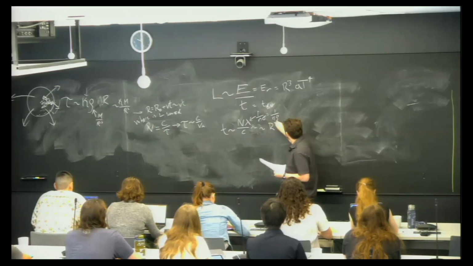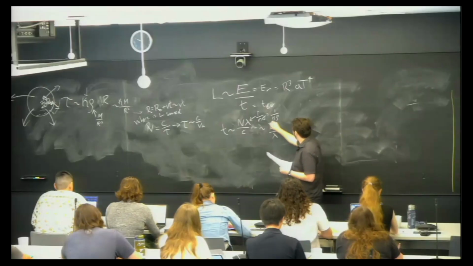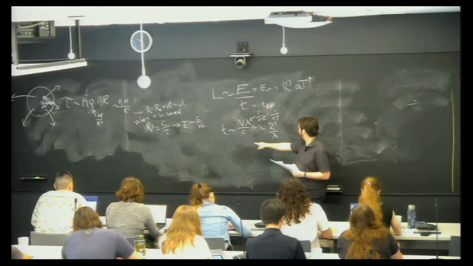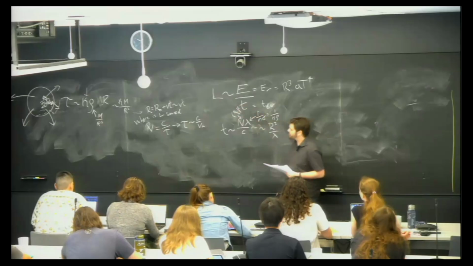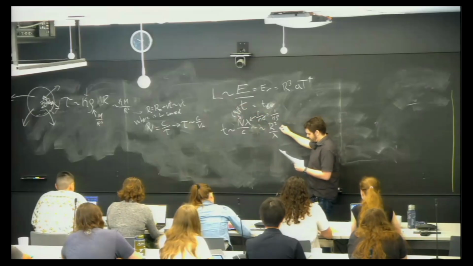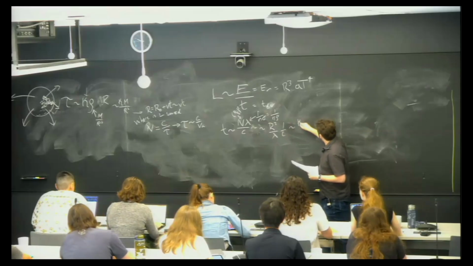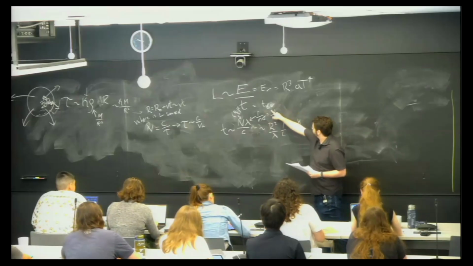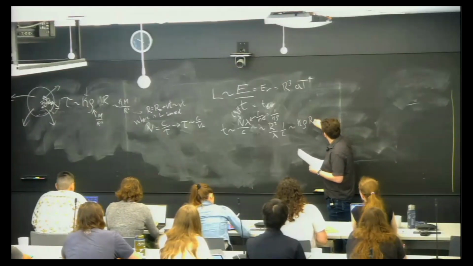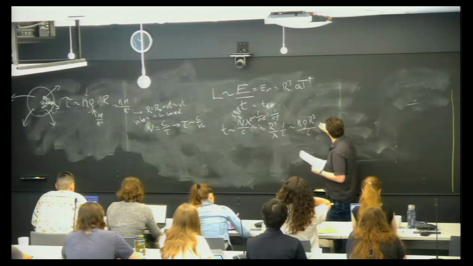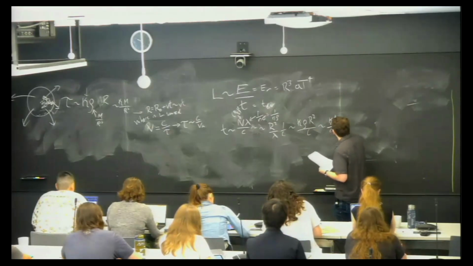This ends up going like r squared over lambda squared, times 1 over c. Plugging in for lambda, we get kappa, the opacity, times the density, times r squared over c, which goes something like kappa M over c r.